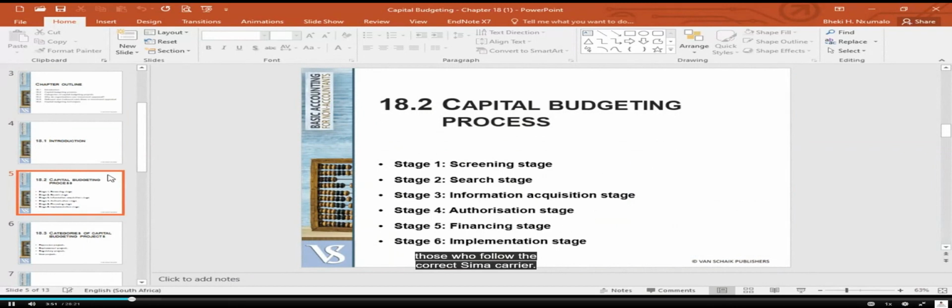Then the next stage, which is stage number 3, is the information acquisition stage. When you acquire any asset, there are additional costs that you need to consider as a business person. You need to consider additional cost, but you need this information of inquiry. An organization needs to predict revenues, cost, and the impact of alternatives.